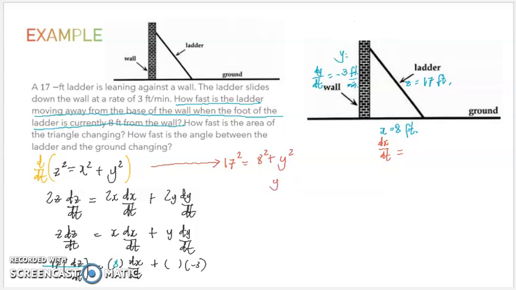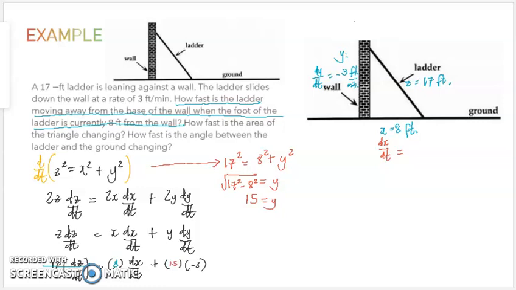So y is actually the square root of 17 squared minus 8 squared. And that is actually equal to 15. So we have a 15 here.